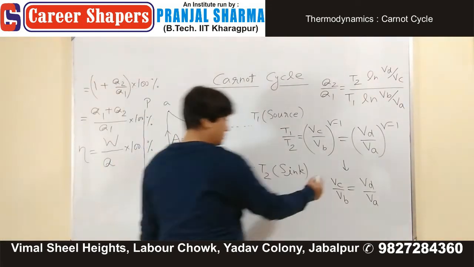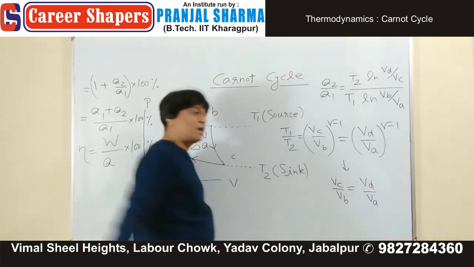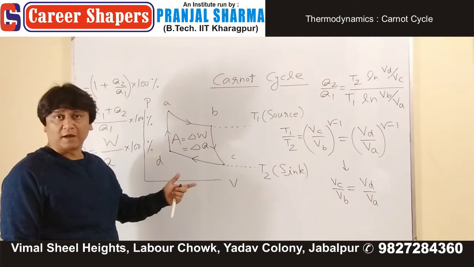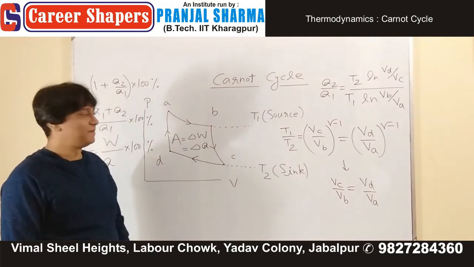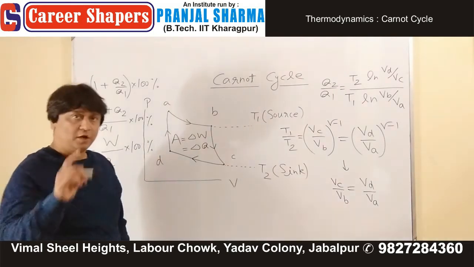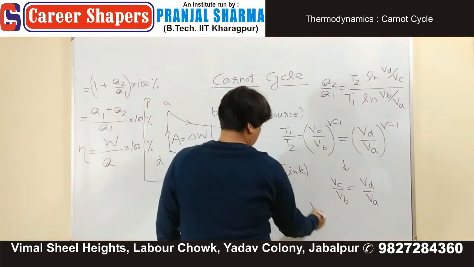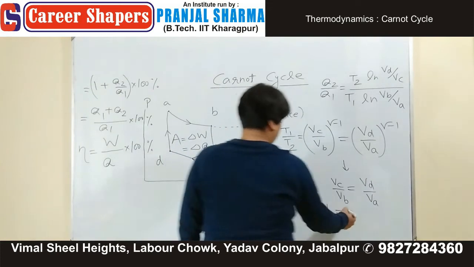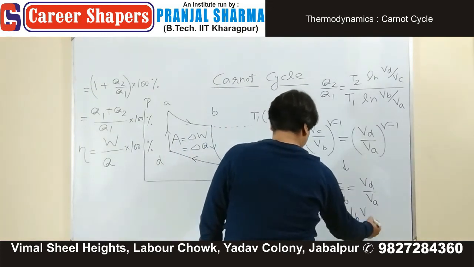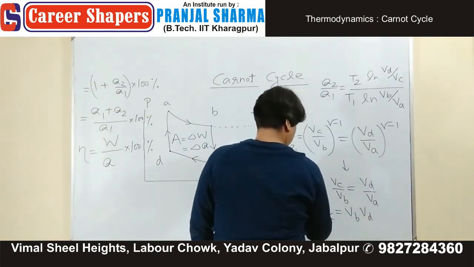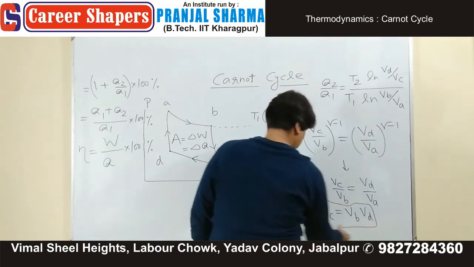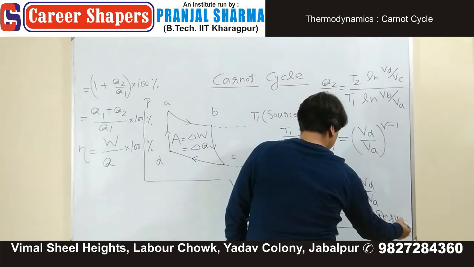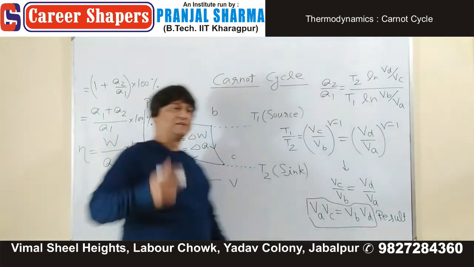And this whole thing in itself is an interesting and useful result for competitive examinations. In what form? VA, VC, VB, VD. You can write the result for competitive examinations.